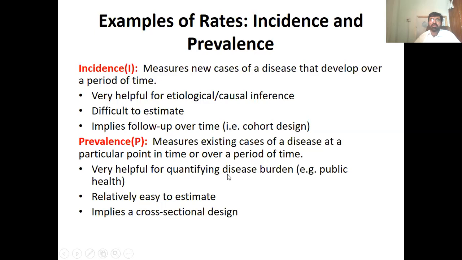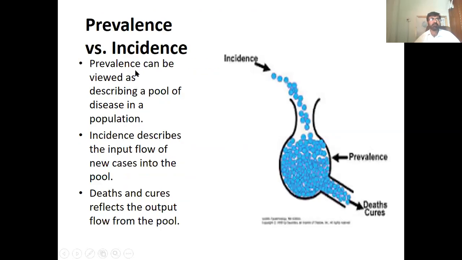So you know the burden, how many people are diseased and how many people are healthy. Relatively easy to estimate because you have to go once and collect the data. There is no need for follow-up visits. It implies a cross-sectional design, and a suitable study design to determine the prevalence is a cross-sectional study design.